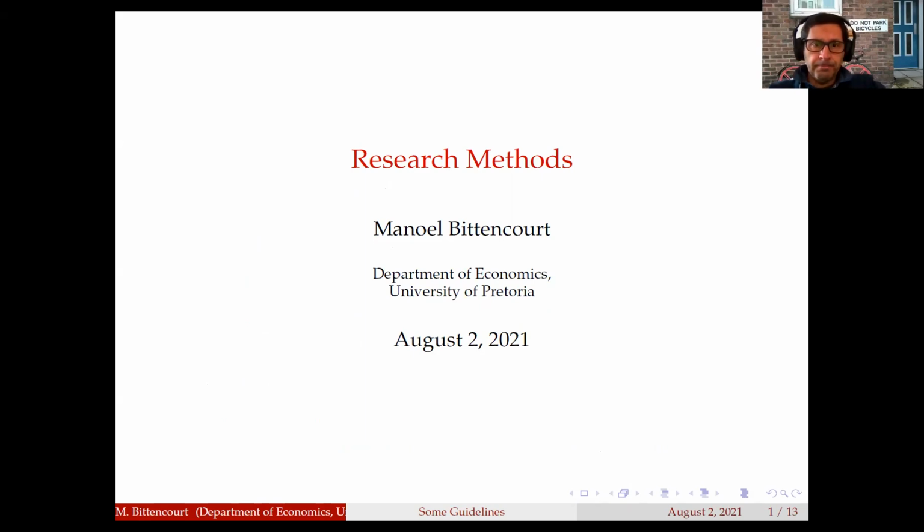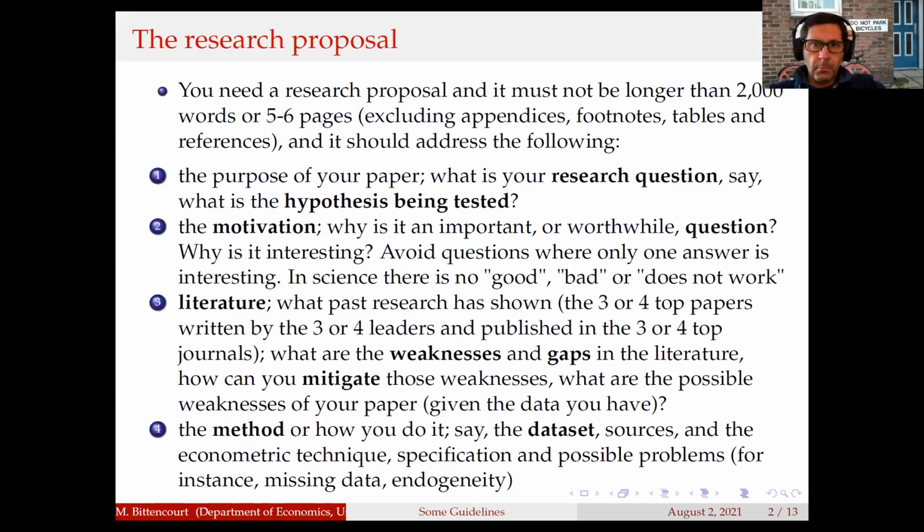The research proposal: I'm going to give you some pointers on how to write a research proposal here. And if you need to know more details about the research proposal, you can also check my website, the research methods course that I gave in the first semester, and there are also more detailed notes in there, which you can probably benefit from.